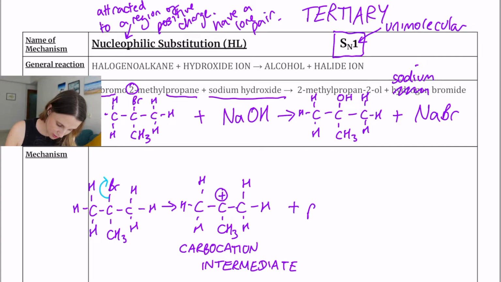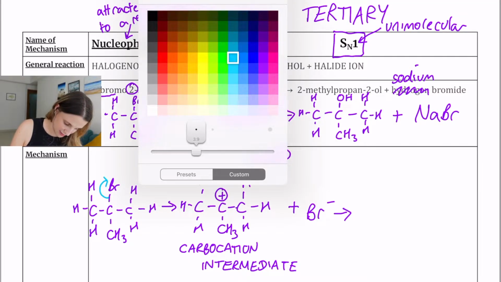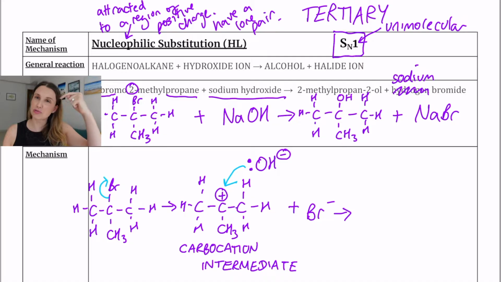So when the bromine's broken, it becomes Br-, existing like that, and then the OH-, the hydroxide ion from my sodium hydroxide, which has a lone pair, let's draw another arrow in blue to be consistent, can come in here like this and bond to that middle carbon, hopefully to make the bond overall. So you can see my arrow started from a lone pair and it's going towards where I'm going to draw the line where the bond is.